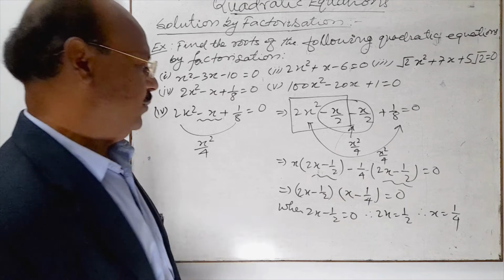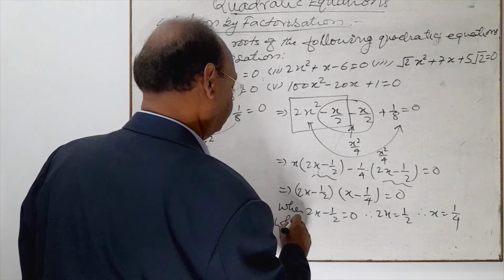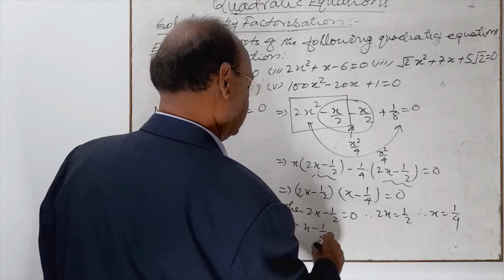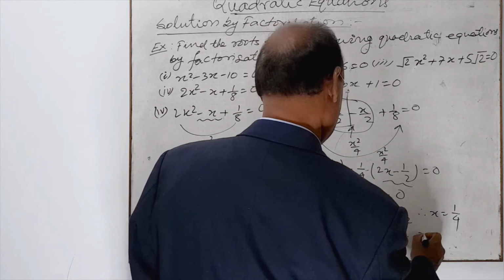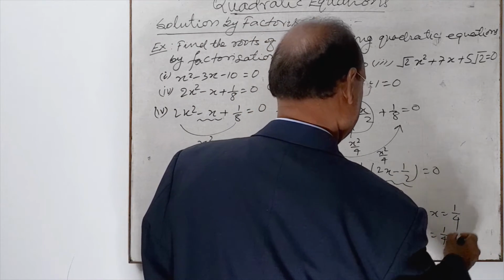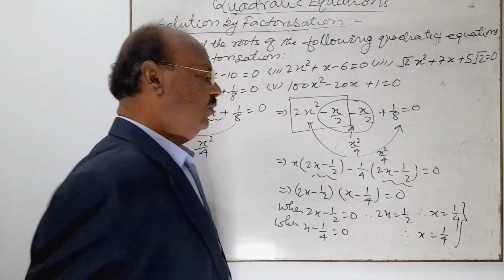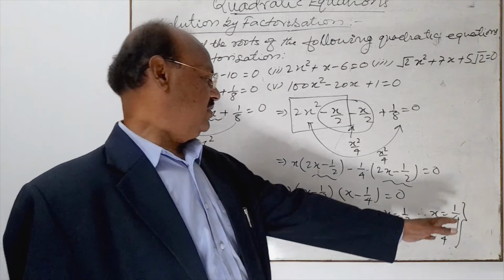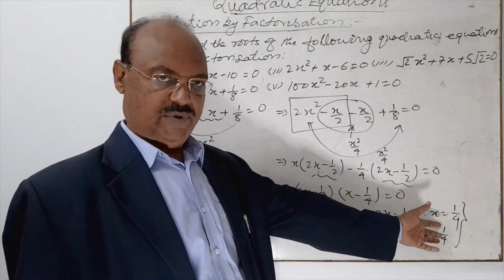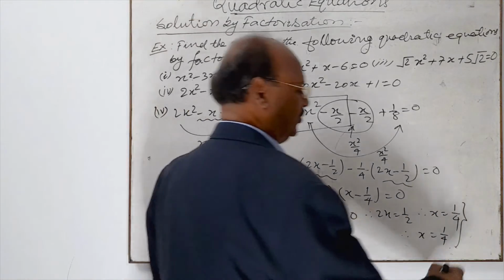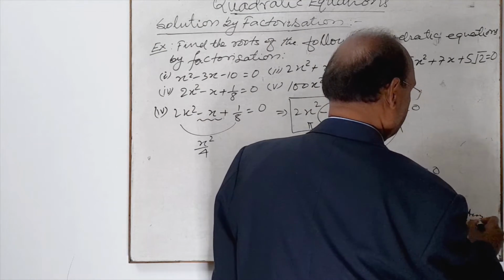Similarly, for the second part, when x minus 1 by 4 is equal to 0, you are getting x is equal to 1 by 4. So here both the roots, both the solutions are the same, equal. Sometimes this happens, and this is the solution of this quadratic equation.